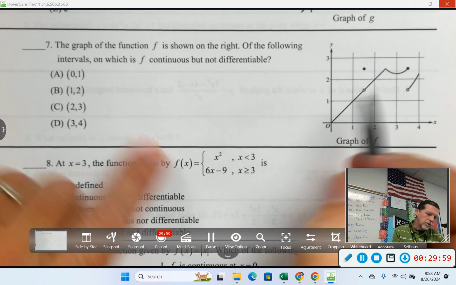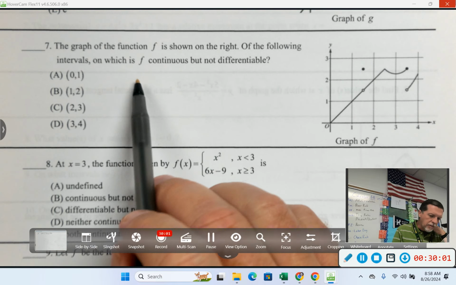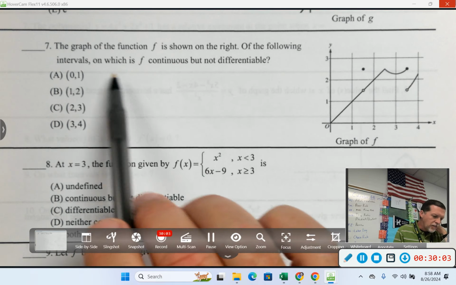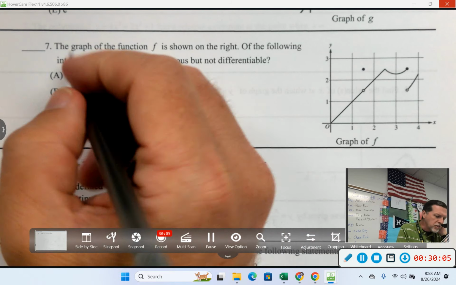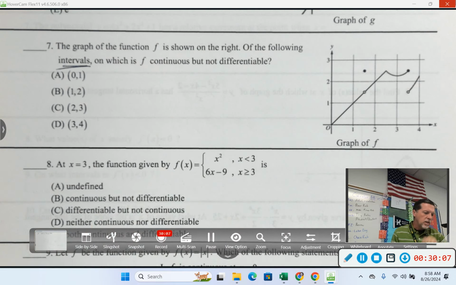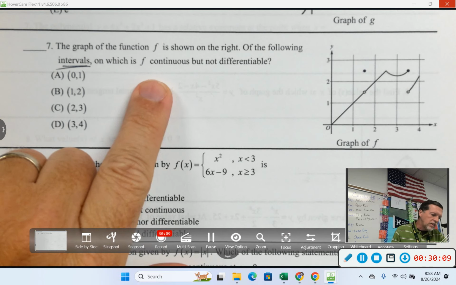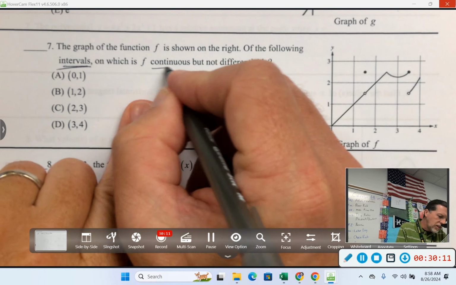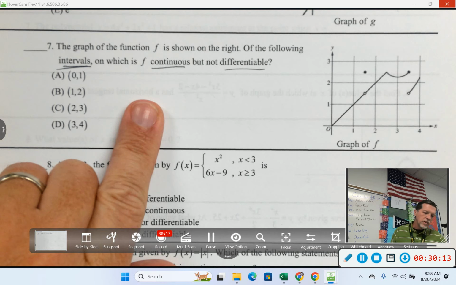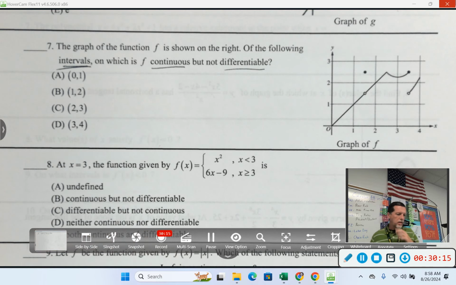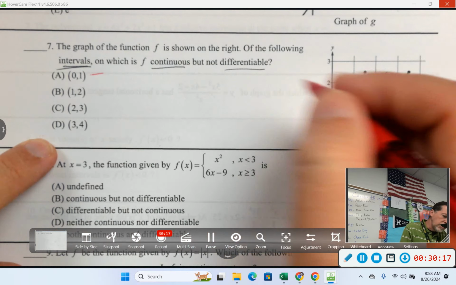7, similar looking question anyway. The graph of the function shown on the right, of the following intervals, so not a point, but an interval, on which is f continuous but not differentiable. So, one at a time here. 0 to 1.